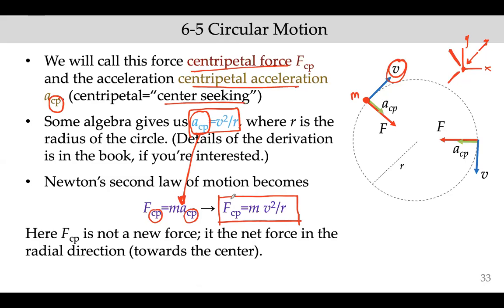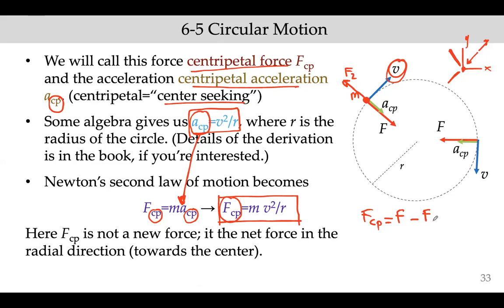Now, this F_CP is not a new force. So in this case, let's say there's some force, let's call it F2. In that case, the net force F_CP, with towards the center as the positive direction, comes with a positive sign, minus F2.